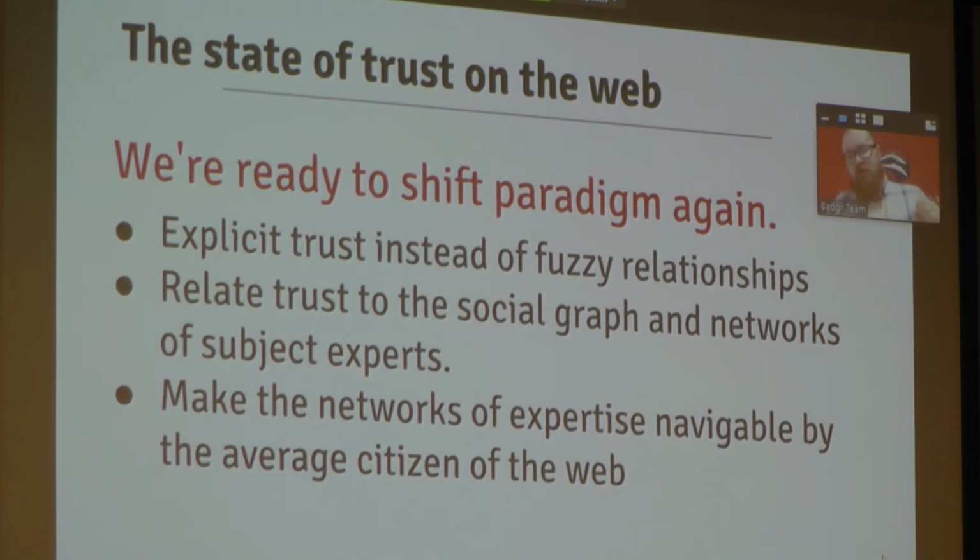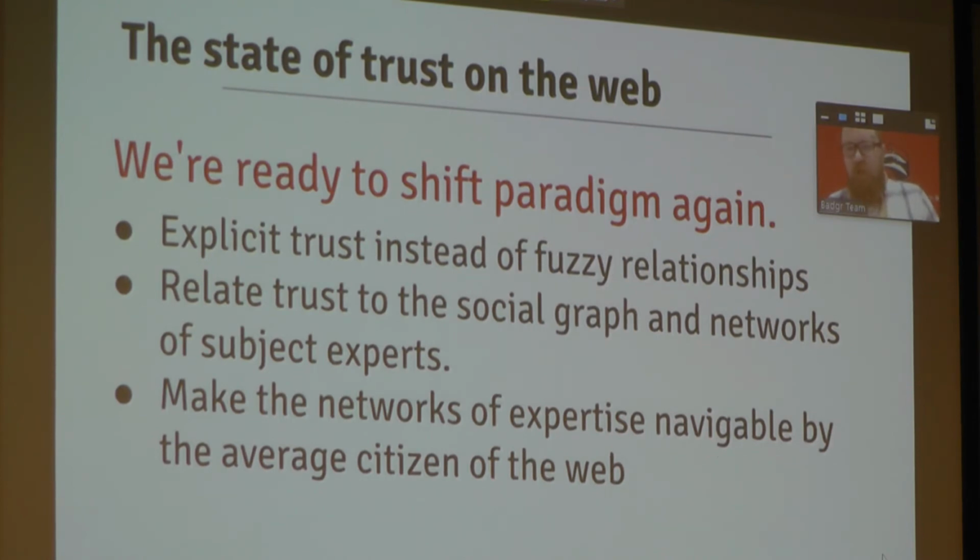So I think what we do is we relate trust to the social graph and to the networks of subject experts. Right now you hear a lot about how university degrees are a black box, that people in the employment community do not understand what goes into a university degree. And so, how do we respond to that?